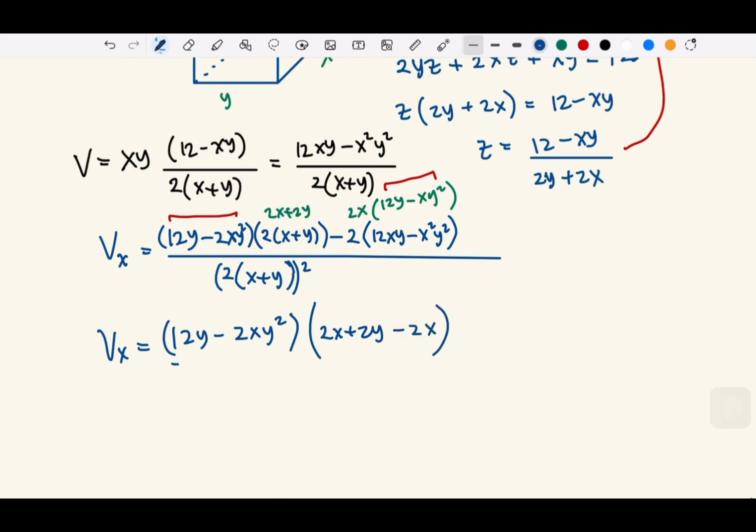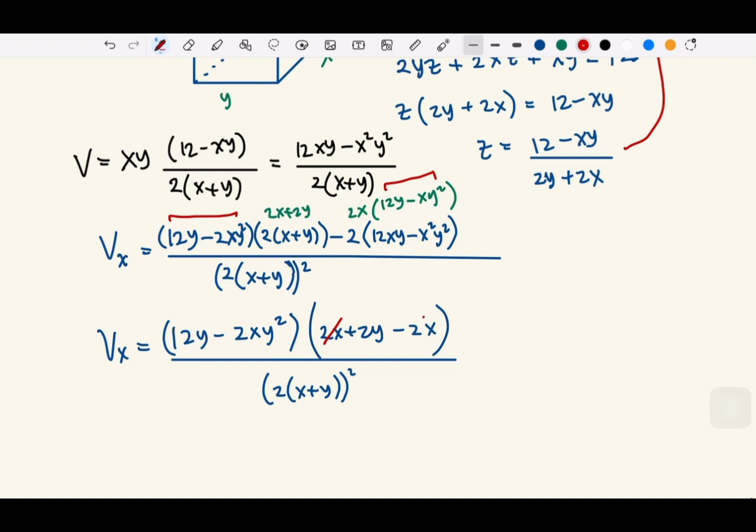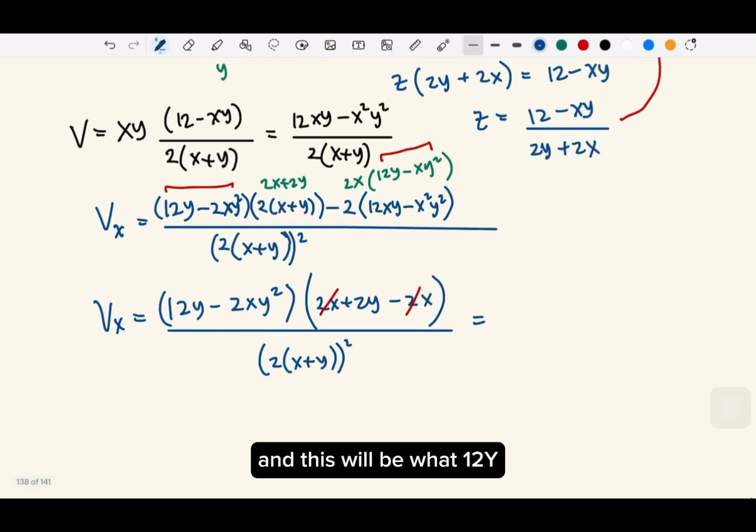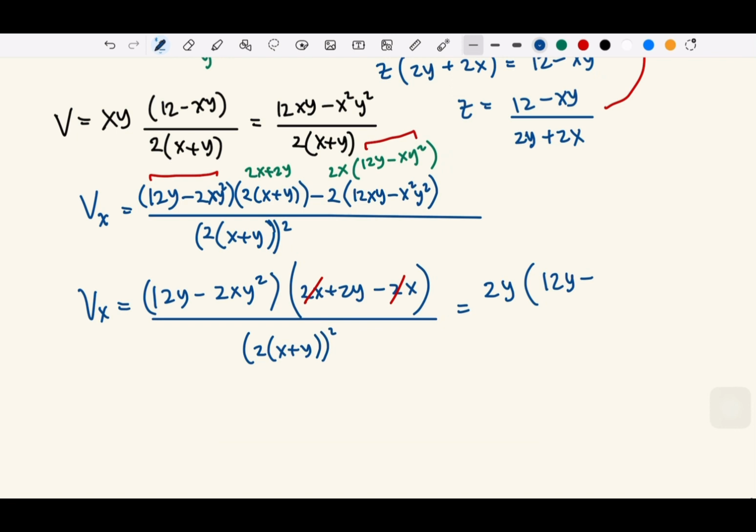Okay. This will be 2 x plus y squared. This will be cancelled. And this will be what? 12y, or 2y in the front, 12y minus 2xy squared.